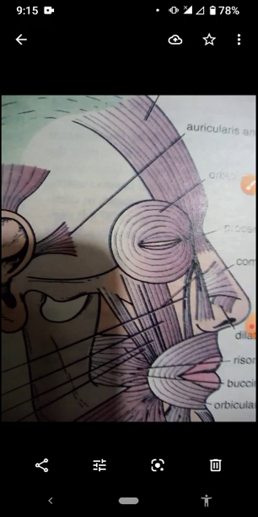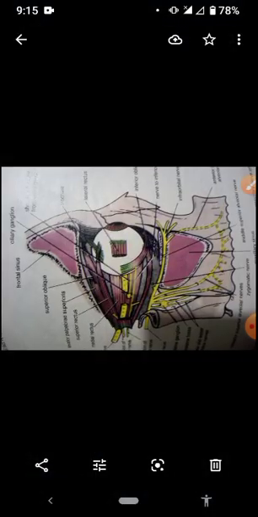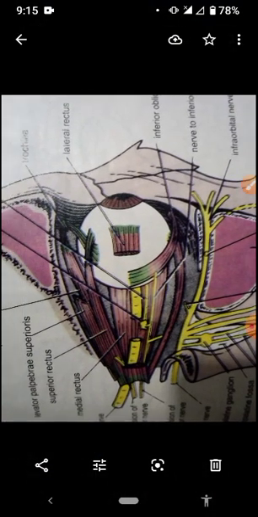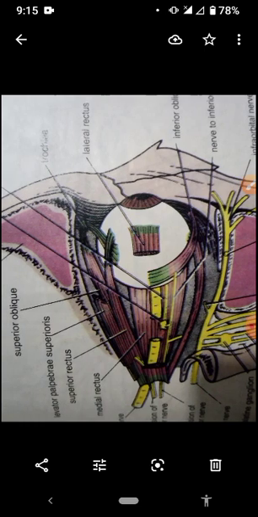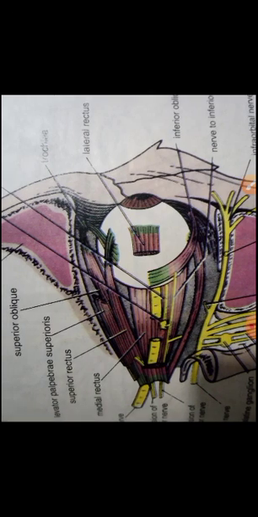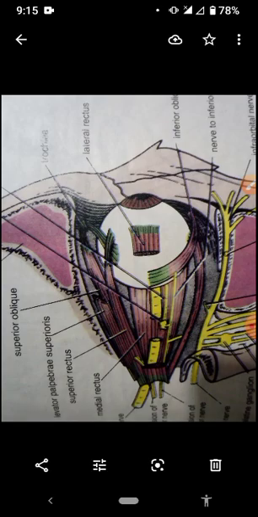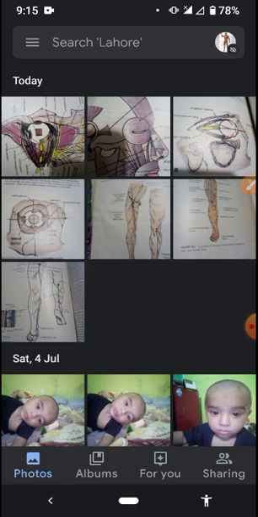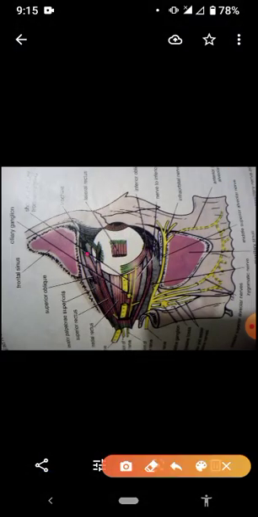Okay, so if we are talking about the other muscle, which is levator palpebrae superioris, it is not shown in this picture. I should move backward. Let me tell you. This muscle is the levator palpebrae superioris muscle.